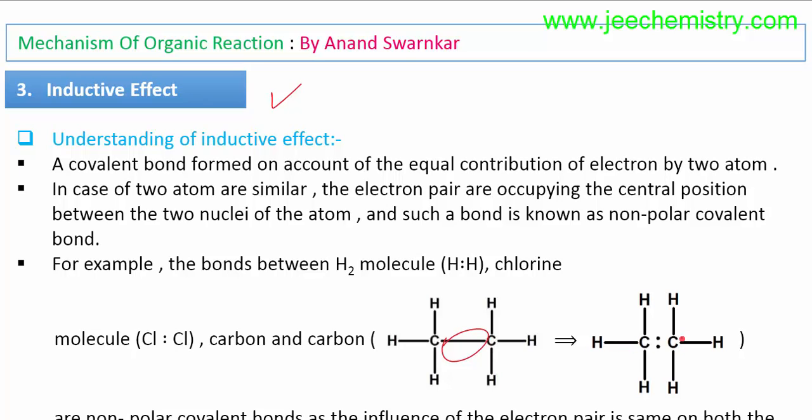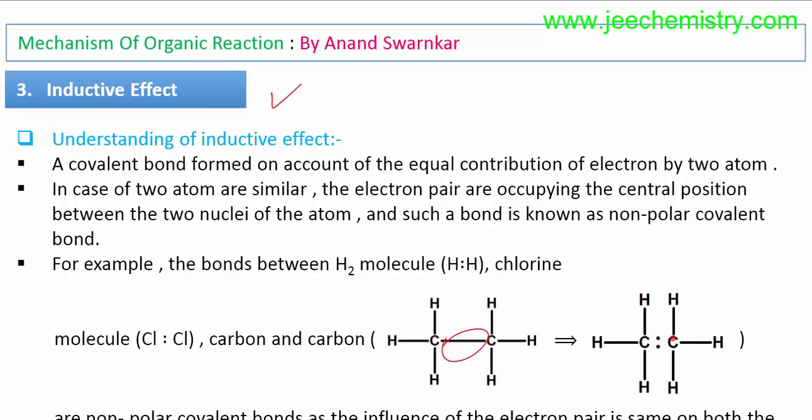This is a carbon, this is a carbon, but one might be fluorine, one might be hydrogen. If the two atoms are dissimilar, then there will not be equal contribution, and the electrons will not occupy the middle position. When the two atoms are the same, a covalent bond is formed and the two electrons occupy the middle position.